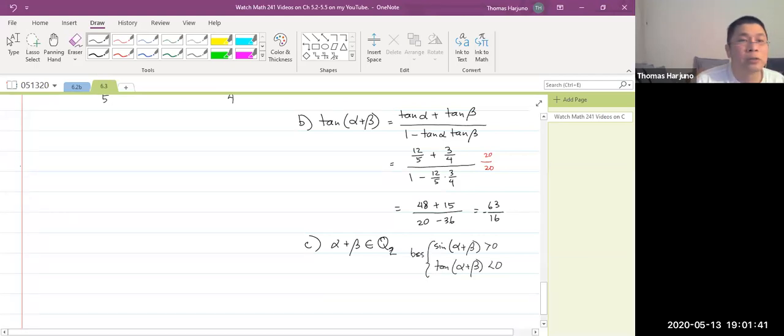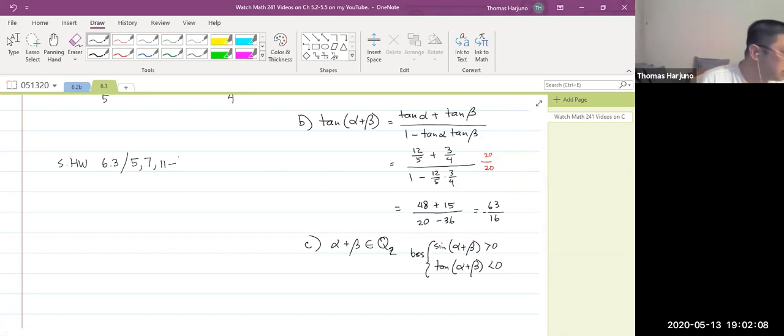Suggested homework from 6.3 will be number 5, number 7, number 11, all the way to number 27.